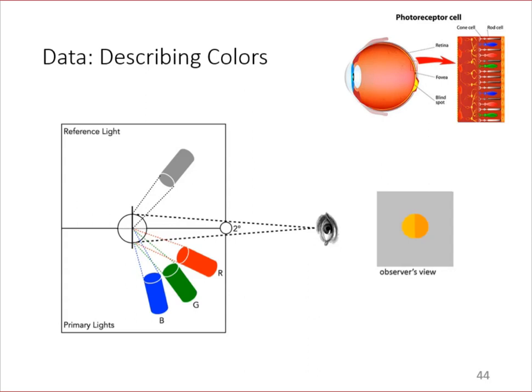So in 1931, almost 90 years ago, there were researchers who tried to measure colors. Their approach was very simple.